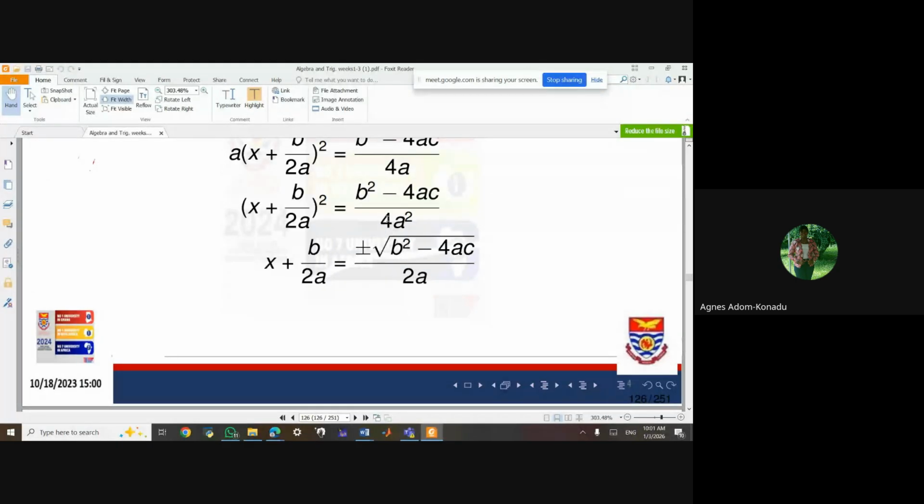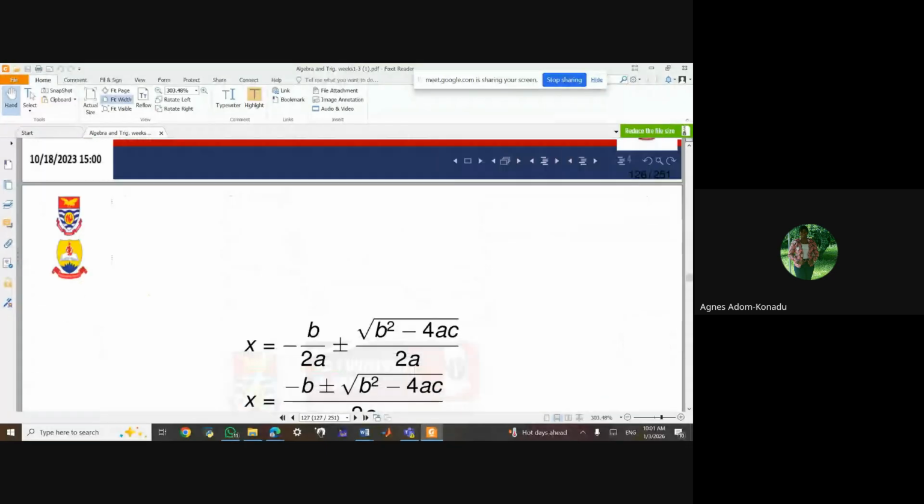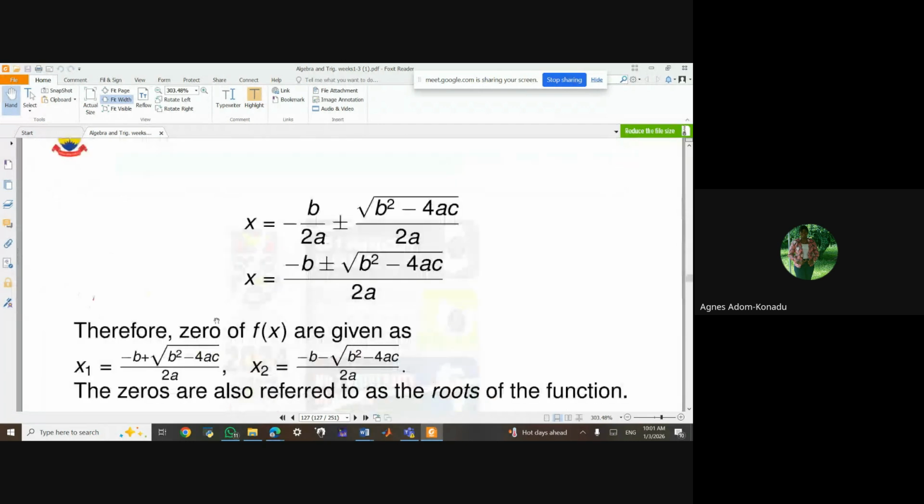Square root of 4a squared is 2a. Okay, so I make s the subject. So my s will be minus b over 2a plus or minus the square root of b squared minus 4ac divided by 2a, which is the same as minus b plus or minus the square root of b squared minus 4ac, all divided by 2a.